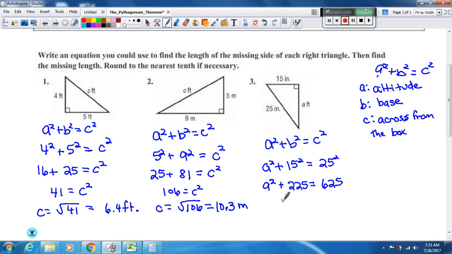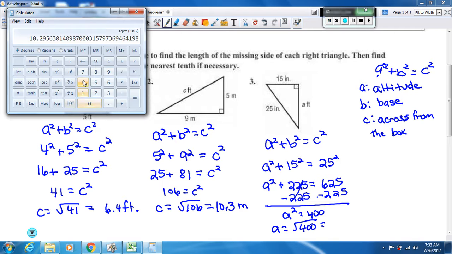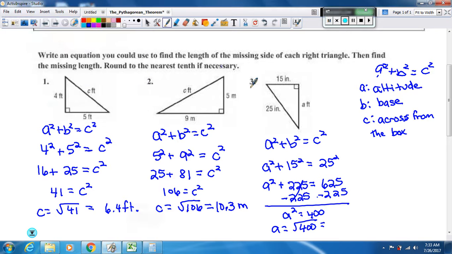So this time you got to subtract out 225. 625 take away 225 is 400. A equals the square root of 400. Pretty sure that's even. I think it's 20. Yep, 20. So this is 20 feet for this one.